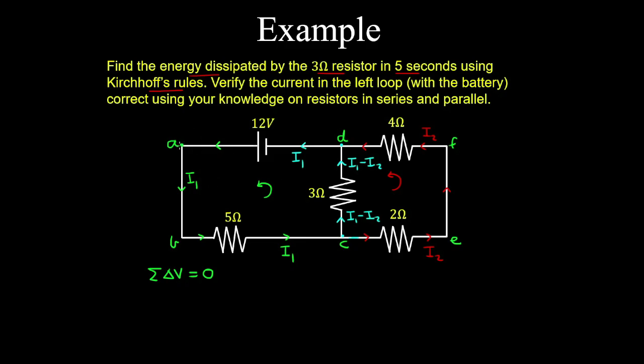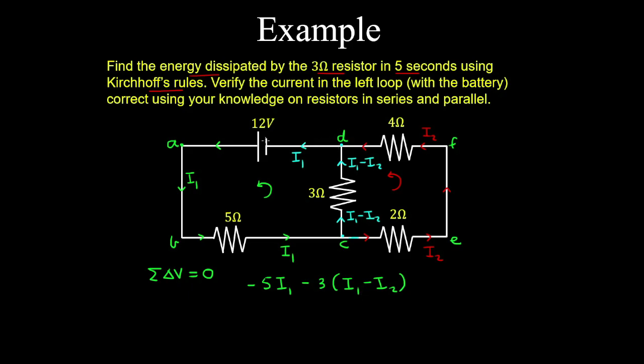So if we start from point A, we have the potential drop across the first resistor, so that will be negative the resistance by the current. And then we have a potential drop across this second resistor, which will be 3 ohms by the current flowing through it.